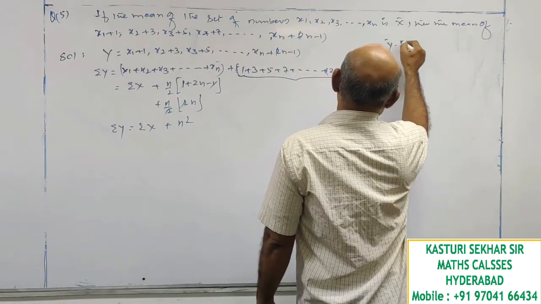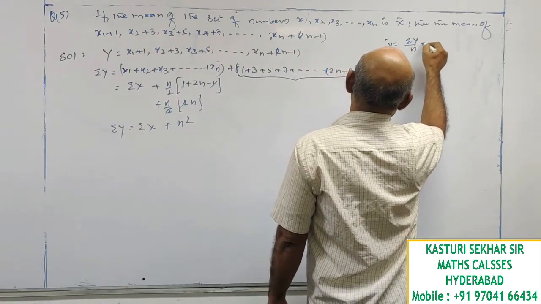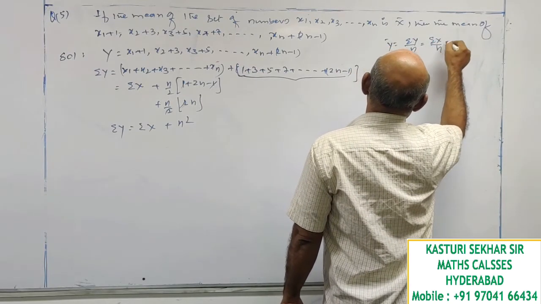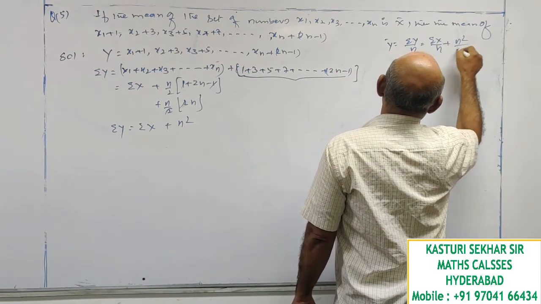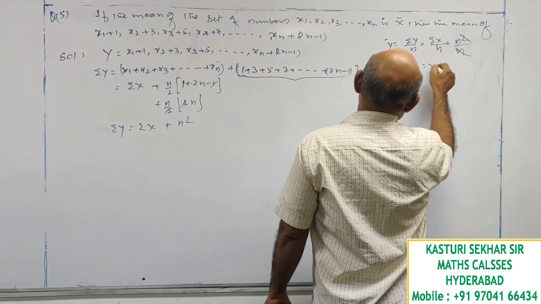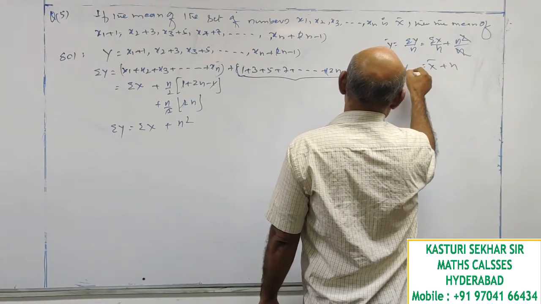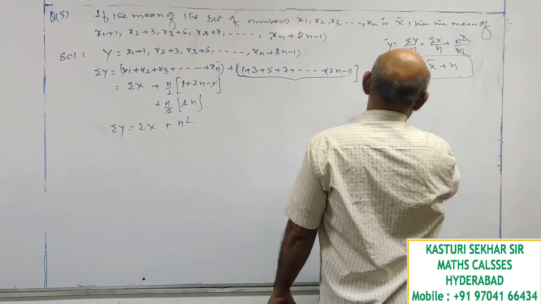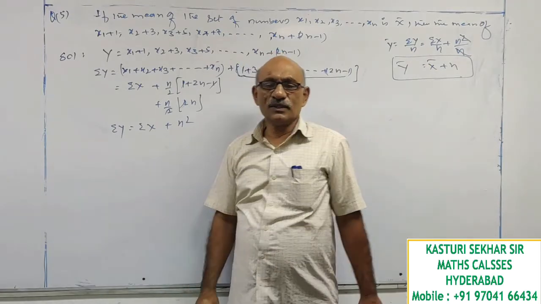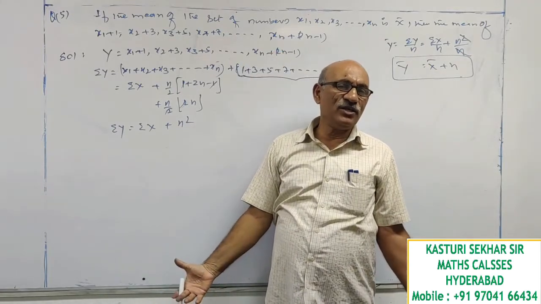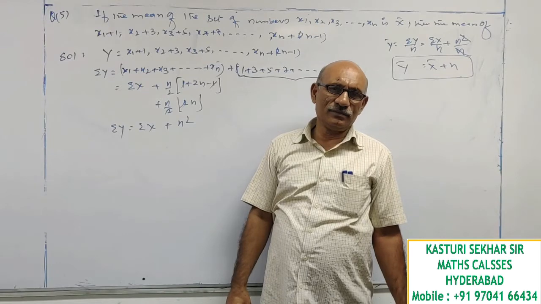So y bar is equal to summation of y by n, which is summation of x by n plus n square by n, that is x bar plus n. How simple it is. When odd numbers are added, their mean should be added to the final answer.